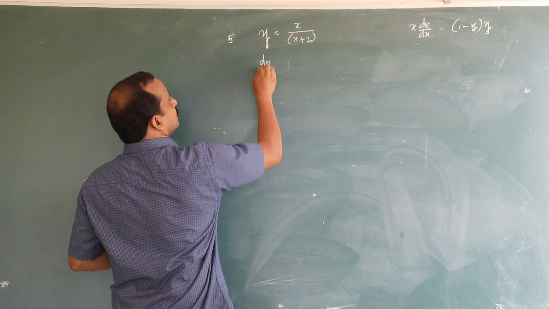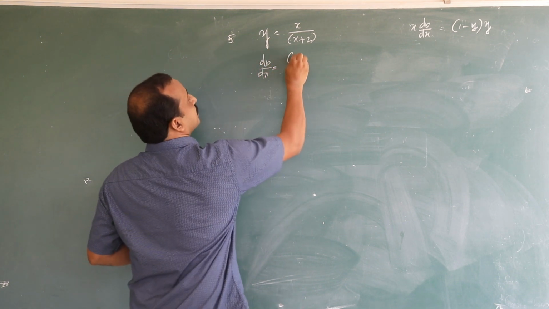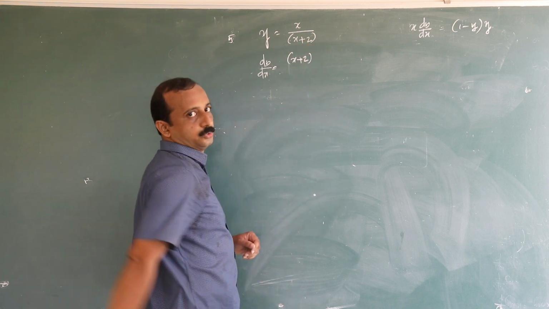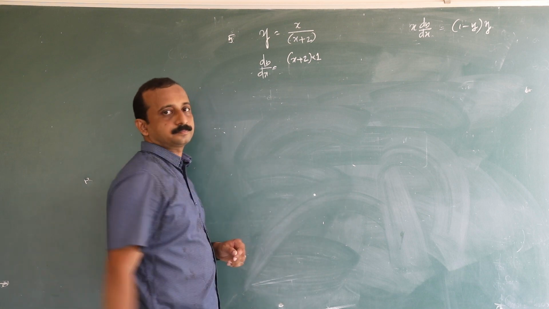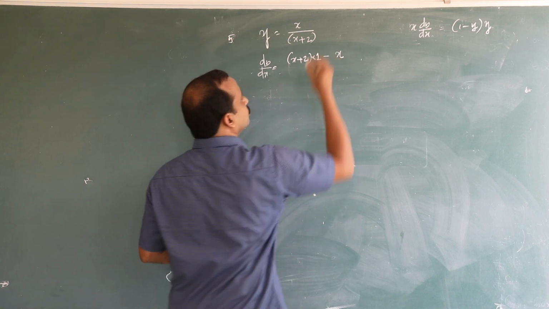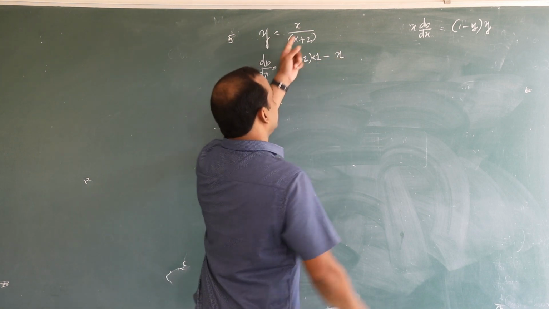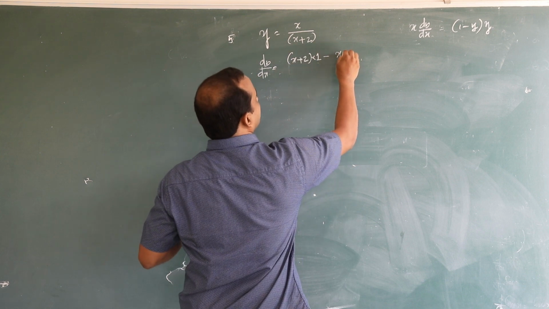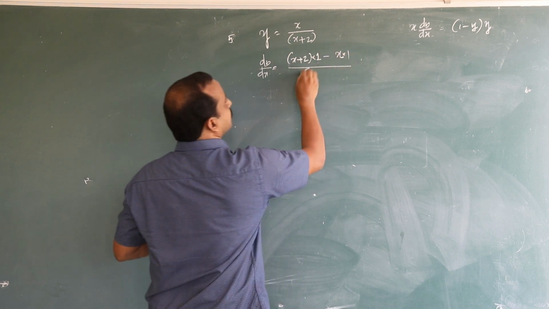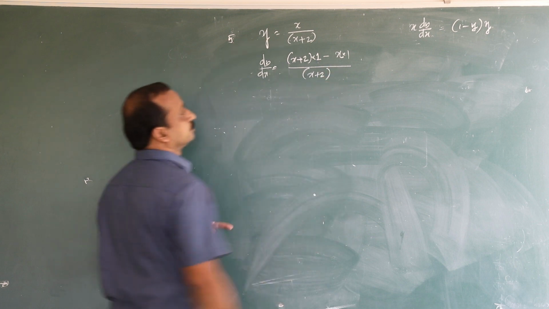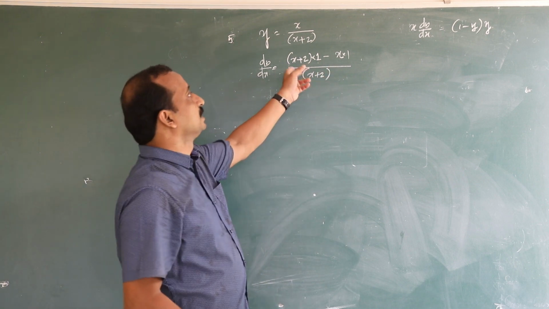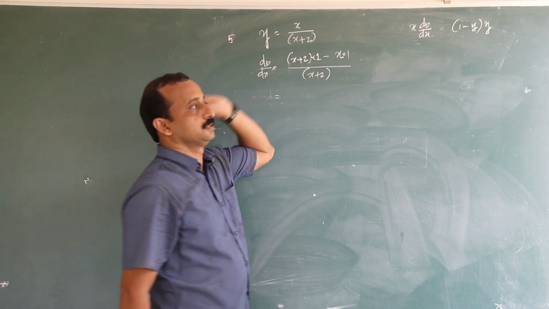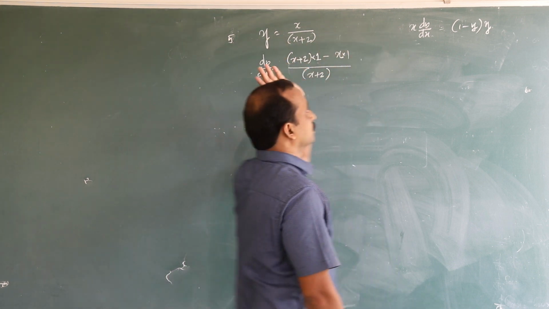Using quotient rule, you get the answer: denominator, that is x plus 2 into the derivative of x, which is 1, minus numerator x into the derivative of x plus 2, which is 1 plus 0, the whole divided by x plus 2 the whole square. There are different methods available for proving this equation.